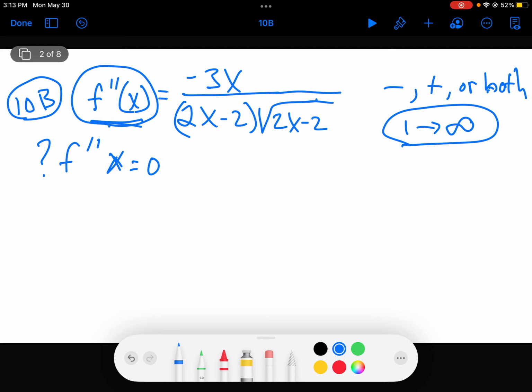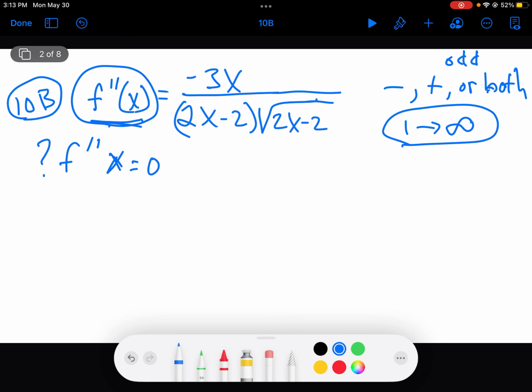In fact, it is changing sign because, as he points out, it's an odd function. That means it's not going to be symmetric across any vertical axis. So if it's positive at negative infinity, it's going to be negative at positive infinity.